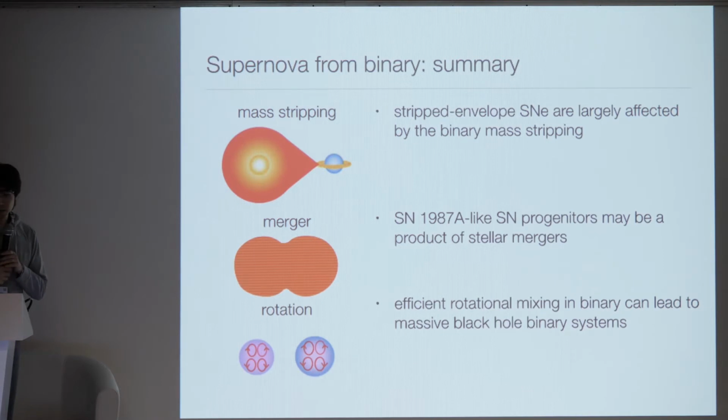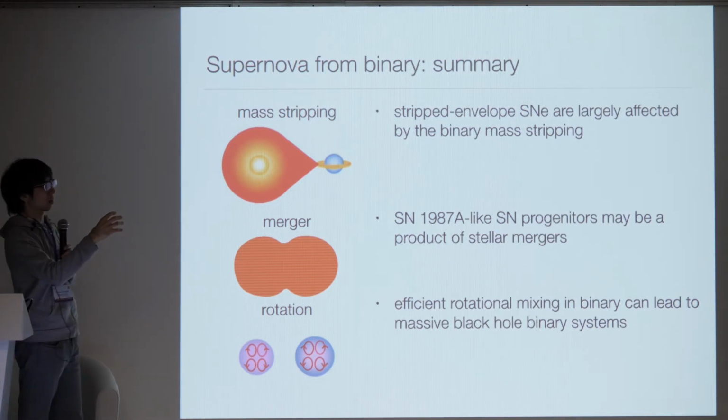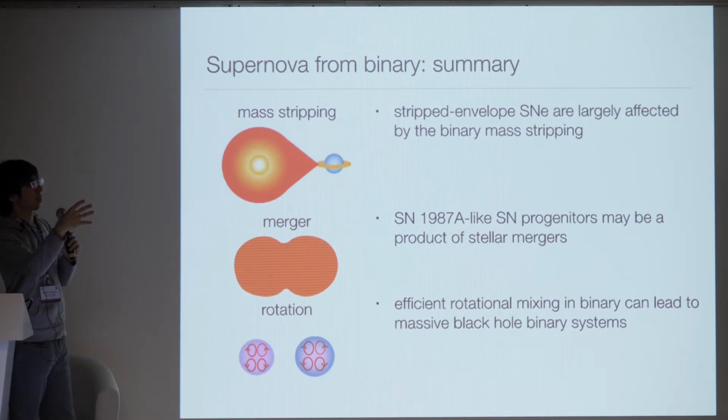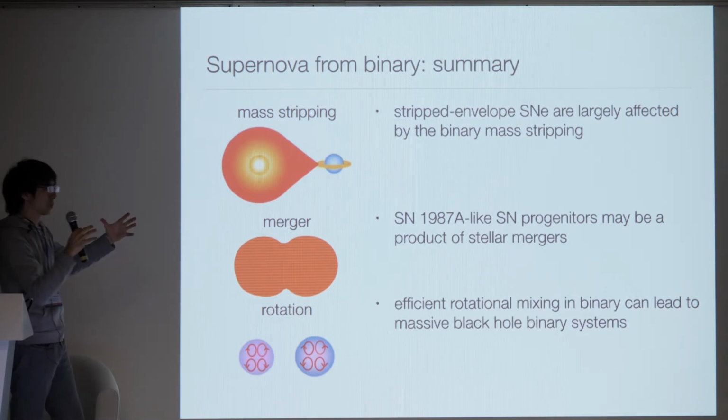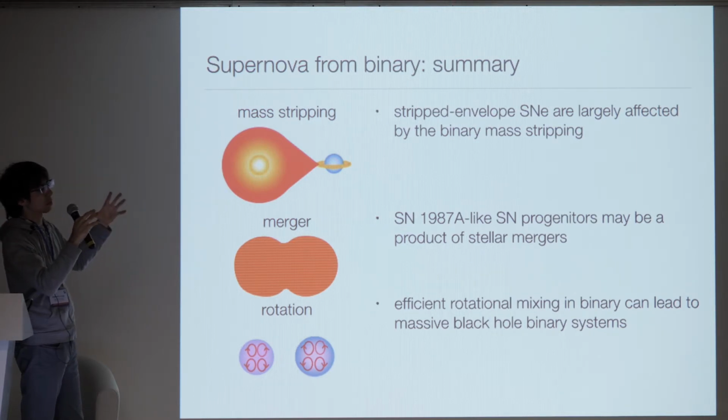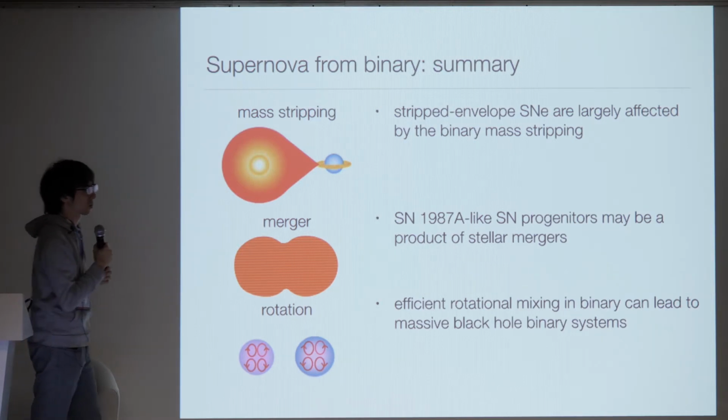So my answer is basically it's hard, because this nucleosynthesis result is something happening in the core, and that's determined by the mass of the core itself. And of course, many different binary evolutions can lead to different sizes of core. But once the core is determined, what happens as nucleosynthesis is basically determined by this structure. So whether there's a binary system or not won't affect the nucleosynthesis itself.